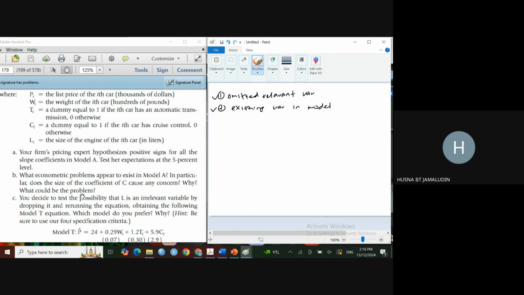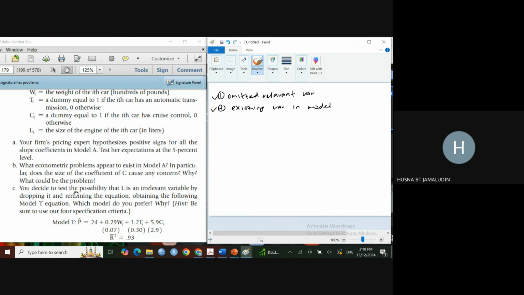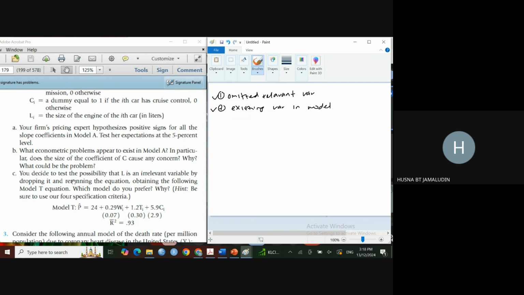The problem could be many omitted relevant variables, and you include variables that are not irrelevant, but are multicollinear: the variables are relevant but they are just measuring the same thing. So you have two issues, multicollinearity and omitted relevant variable, and you decide to test the possibility that L, the size of the engine, is an irrelevant variable by dropping it and rerunning the equation.